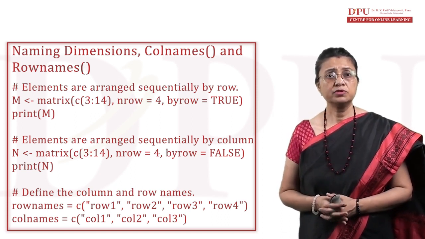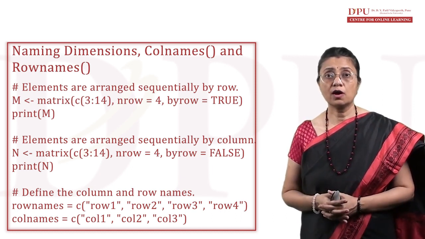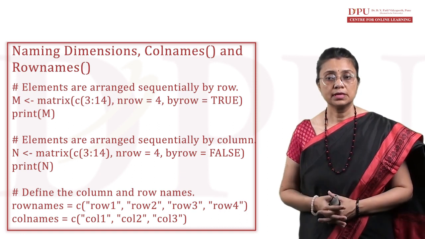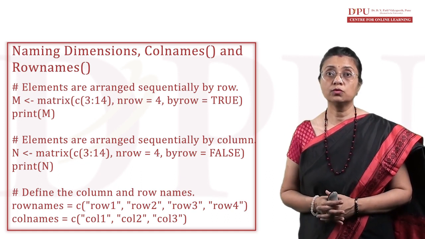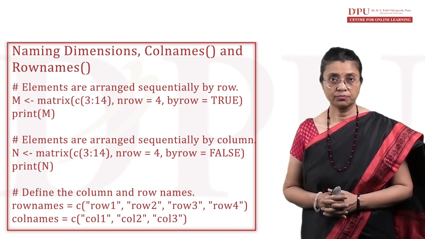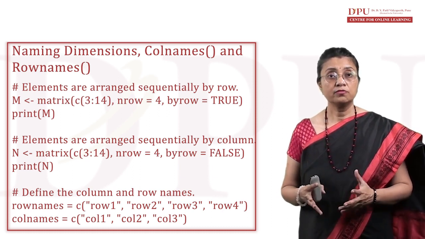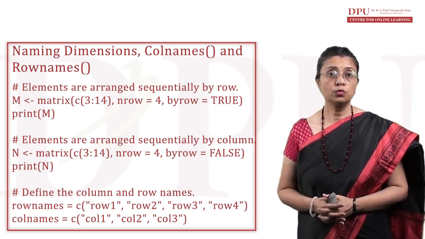Next is the command for defining the column names and row names. Let's understand how we can do that. As we have seen, rownames is the variable where we are storing the values row1, row2, row3 and row4 with the help of the c function. Likewise, colnames is the variable where we are storing the column headings, column1, 2 and 3.